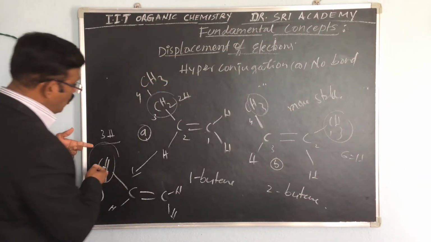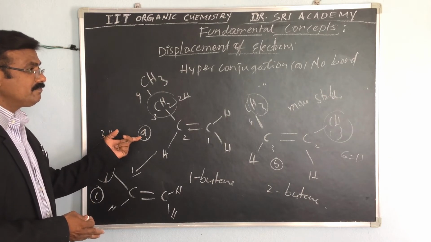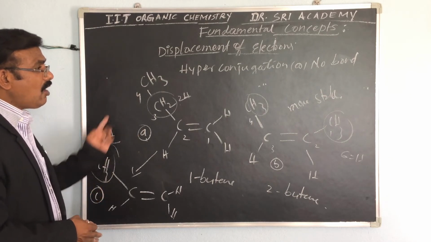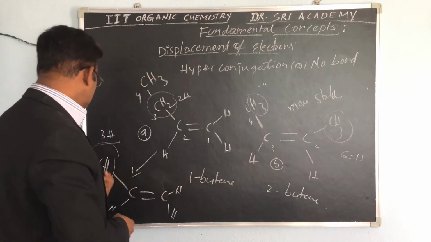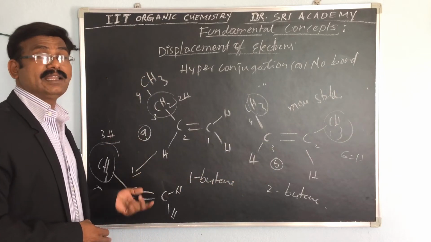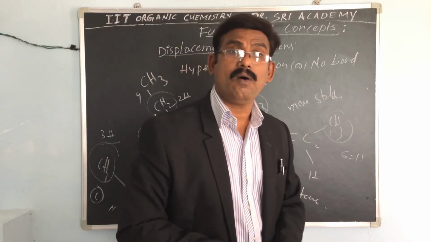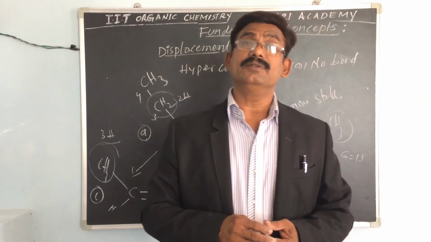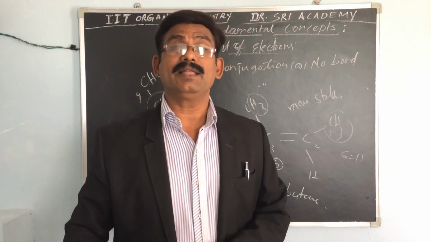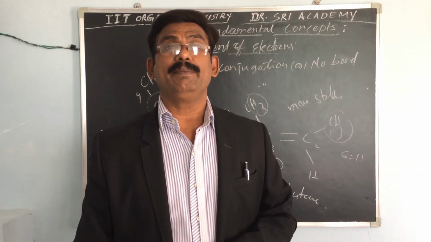So this one is more stable than this one. And among all these, B is more stable than C, and C is more stable than A, because the number of hydrogens is more. So this is about the stability of compounds depending upon hyperconjugation.